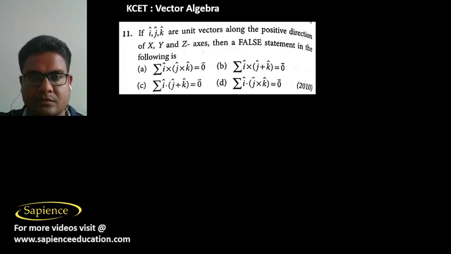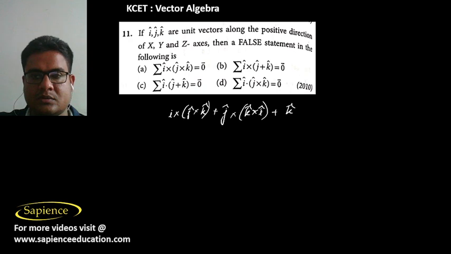In the first option, summation i cross j cross k, it means i cross j cross k, plus j cross k cross i, plus k cross i cross j.